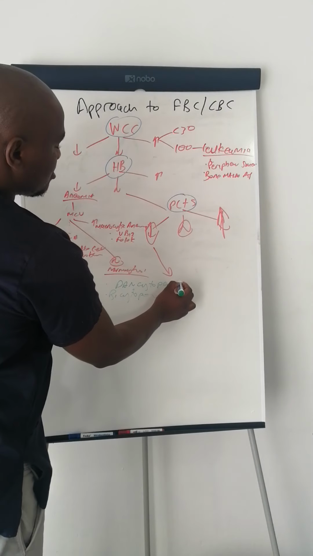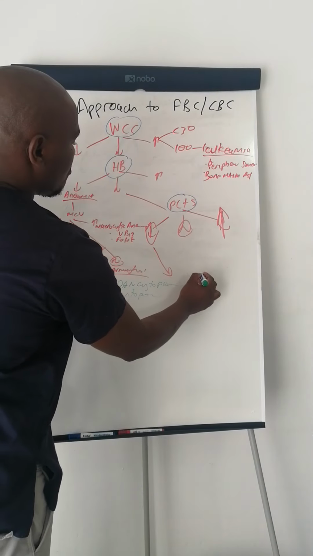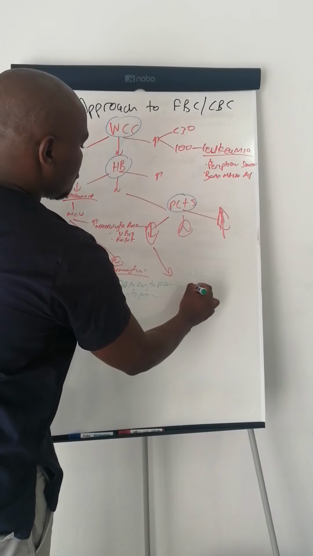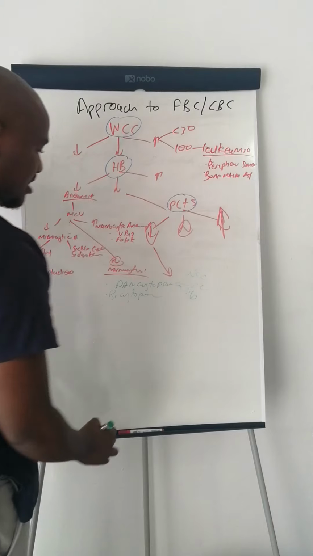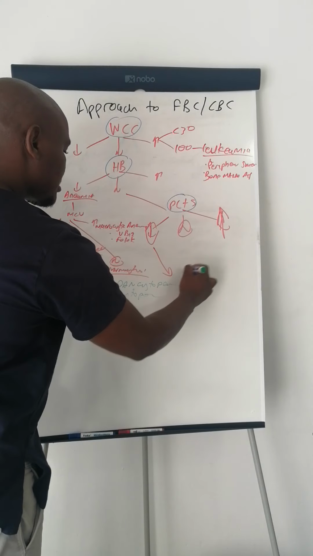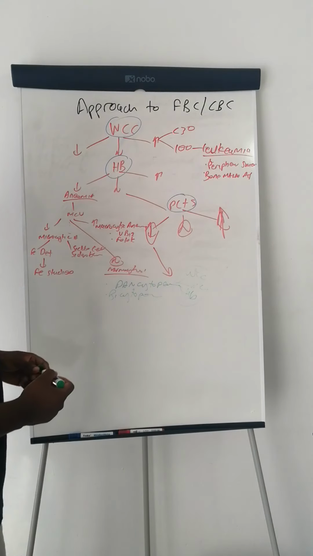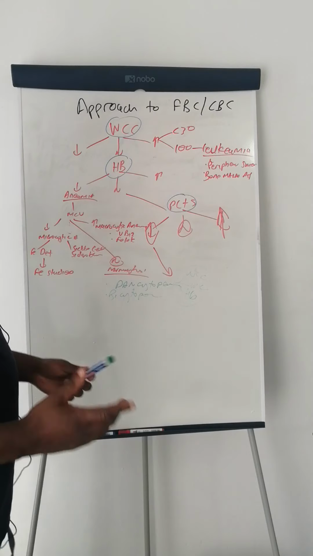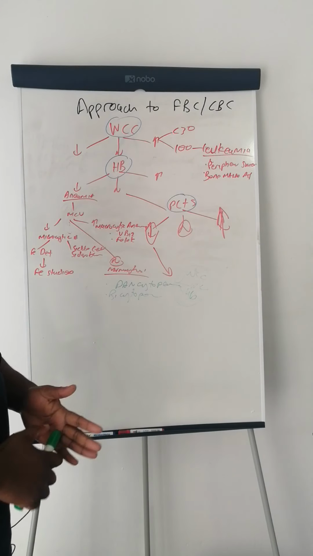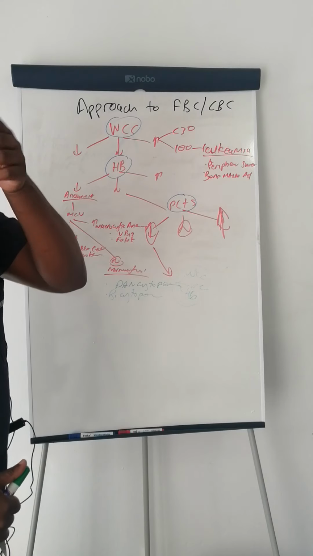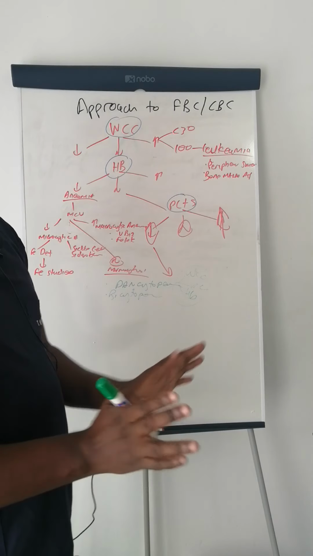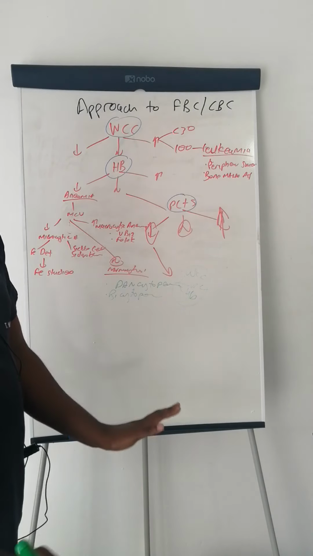Pancytopenia means that you have low white cell, you have low platelets, and you have got a low HB. That's a pancytopenia. And this, most of the times, points towards bone marrow problems. So the problem is there at the factory where all these are produced. So it means your investigations are going to be your bone marrow investigations.